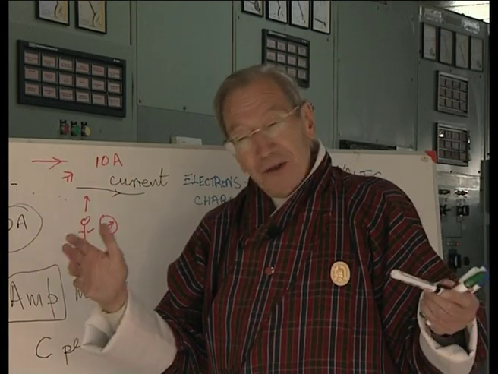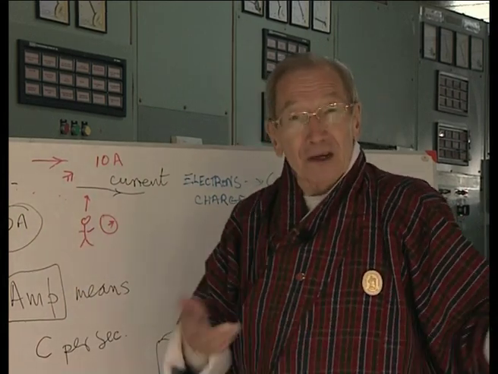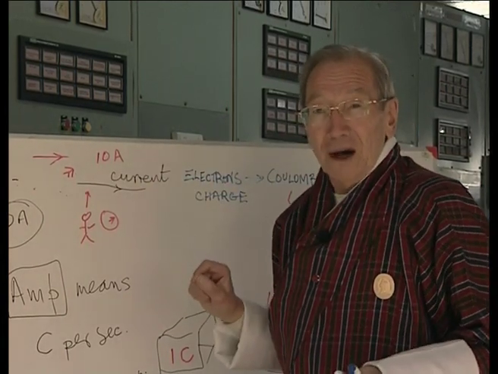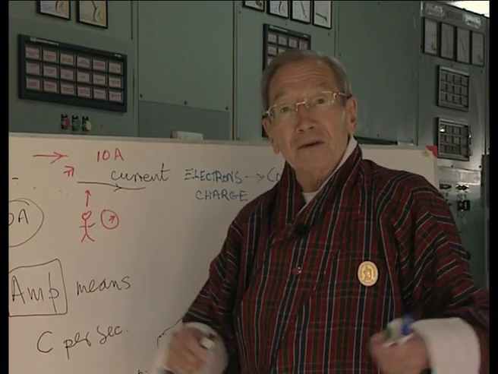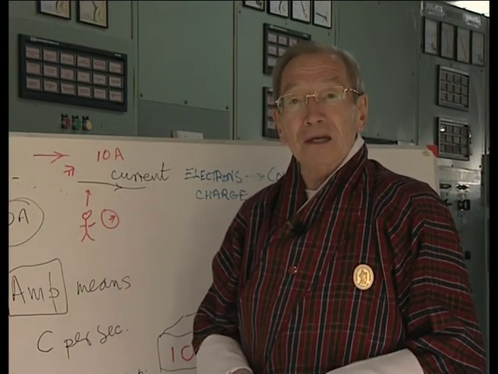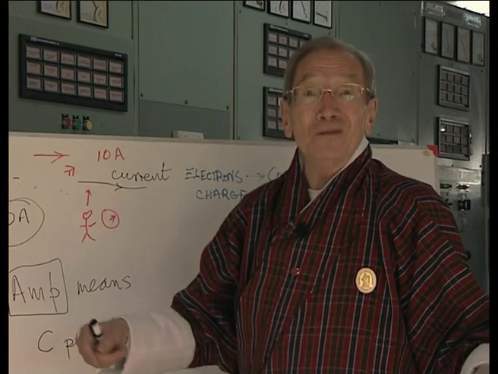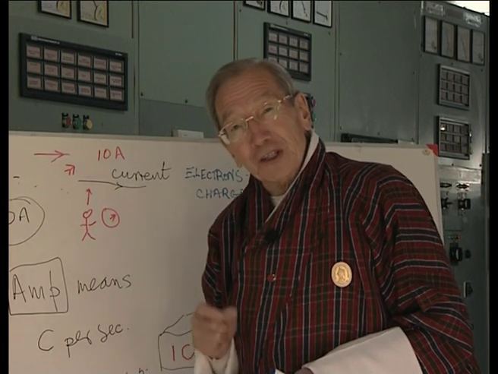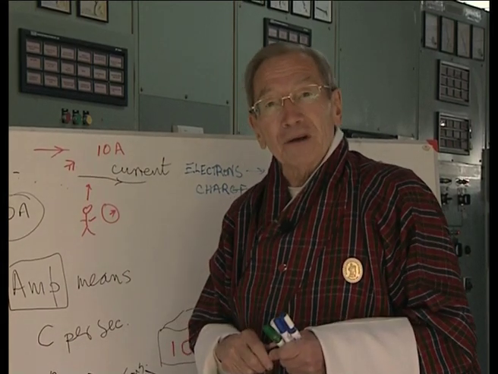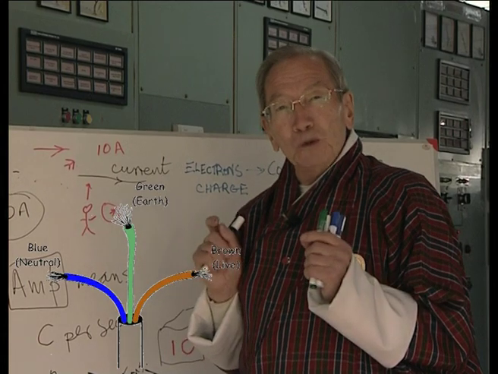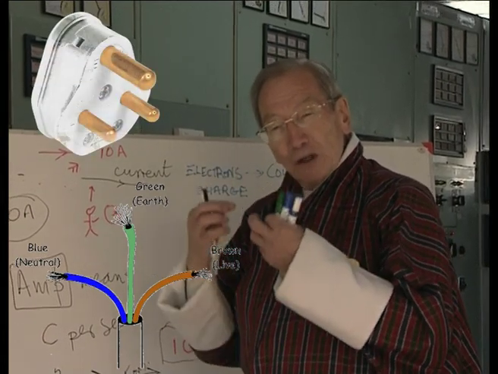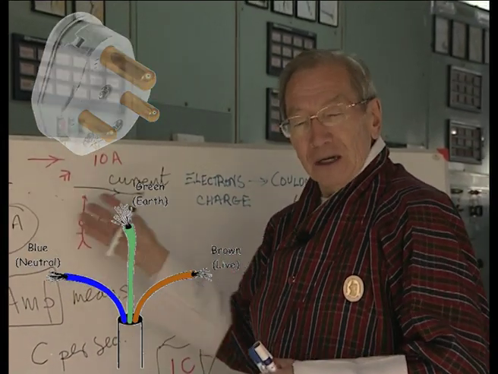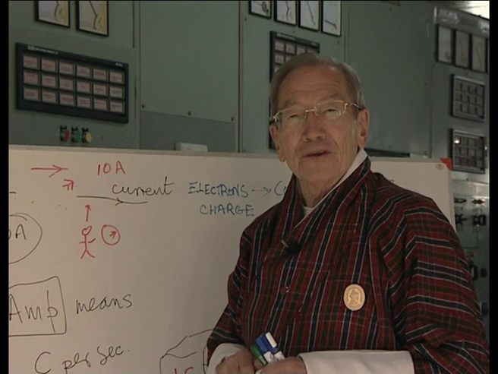So the amount of current that we get in our use of electricity, the number of coulombs a second that go through the wires, varies an enormous amount, from dozens of coulombs a second, 20, even 30 coulombs a second, down to even thousandths of a Coulomb a second in electronic equipment. And we have to choose wires, and we have to choose components that will carry the amount of current that's going to go through them.